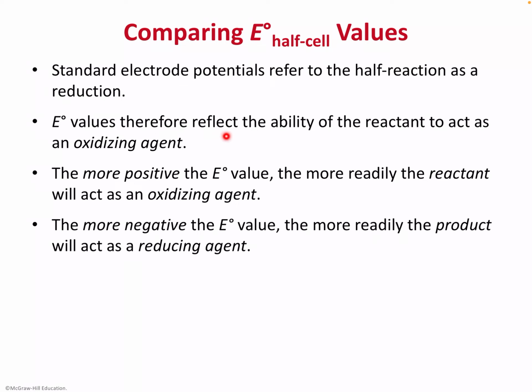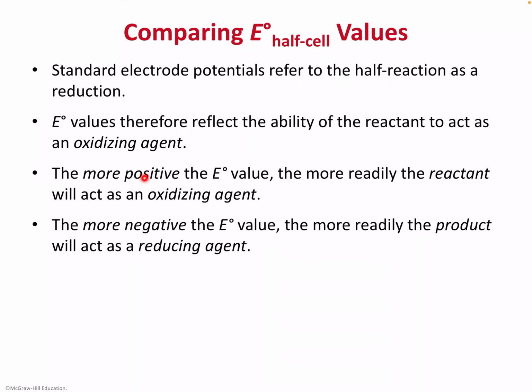E-note values therefore reflect the ability of the reactant to act as an oxidizing agent. Remember, the species that are undergoing reduction is the oxidizing agent. So they are normally given as the ability of the reactant to act as an oxidizing agent. The more positive the E-note value, sometimes you will have more positive values or more negative values.